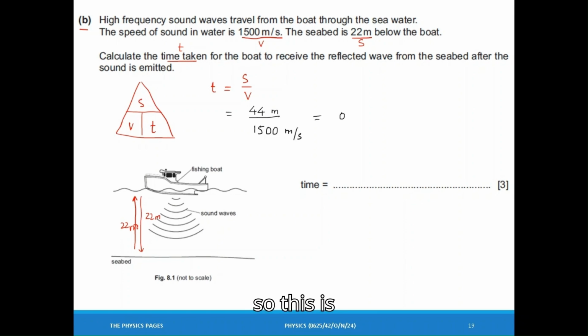I got 0.02933333 with the units, meter divided by meter per second. To find the unit of time taken, we can use the method of keep, change, and flip.